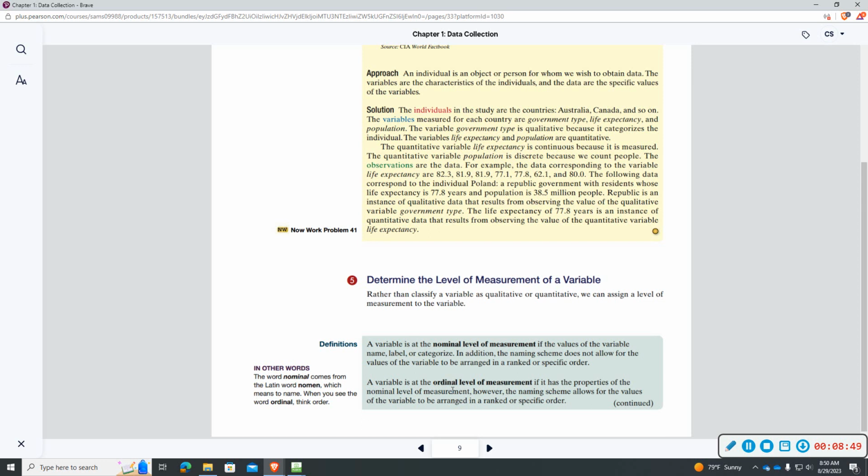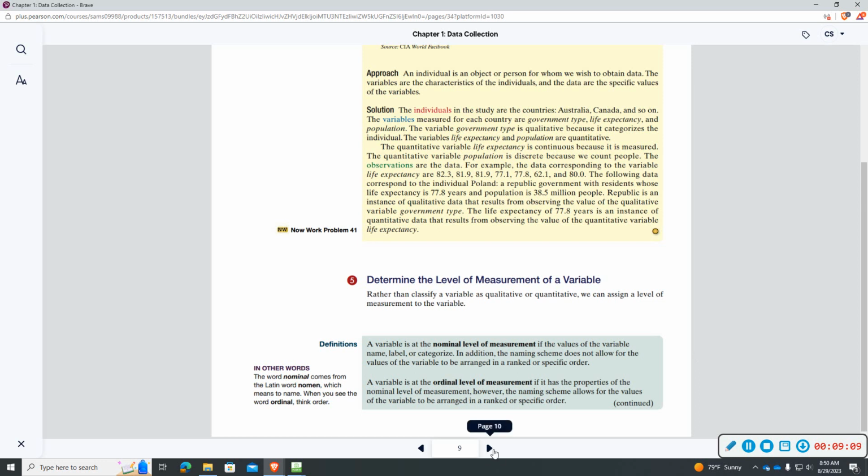Normally they go in ascending order or descending, depending on which direction you're going. So nominal means no meaningful order, just a label. Ordinal means we can put it in order. You can also think of shirt sizes: small, medium, large, extra large. All of those are sizes, and we can put them in a meaningful order.